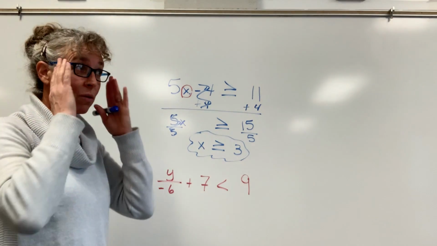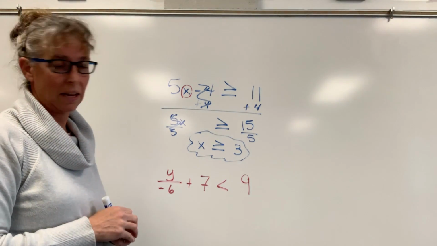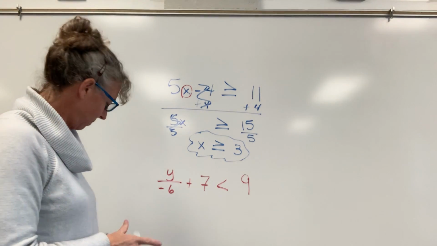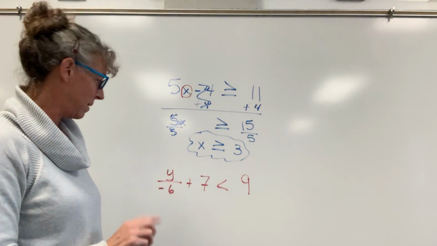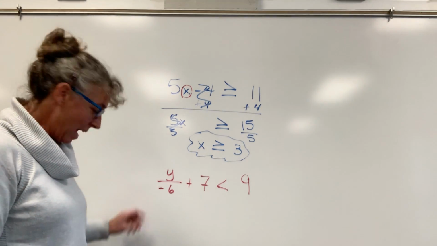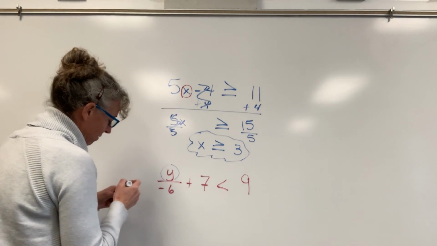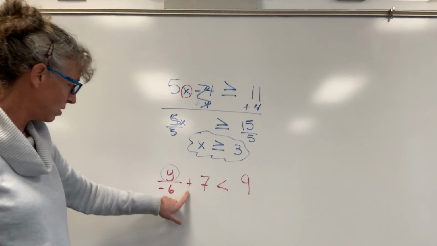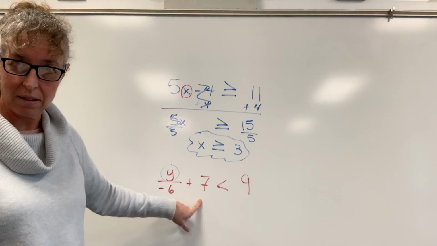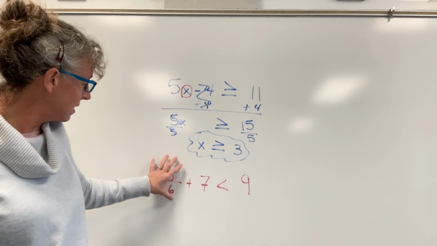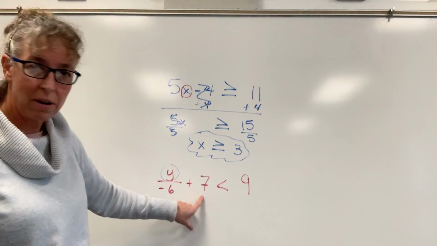We're not going to talk about the graphing right now. We'll do one of those in just a second. So let's look at B. Example 1, letter B. All right, remember like the last time, we want to get our letter right here by itself. The problem is there's this regular number on that side already. So before we can deal with this, we need to get rid of that regular number.